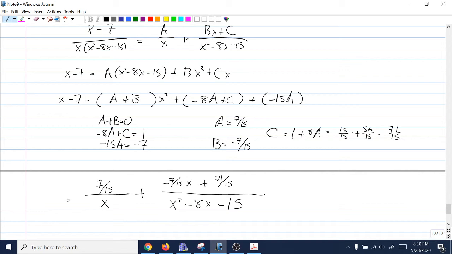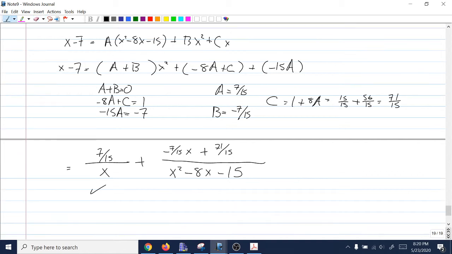This part I can integrate. This one's going to need a... I've got to complete the square on the bottom to do a trig substitution. And that's not going to be any fun either.